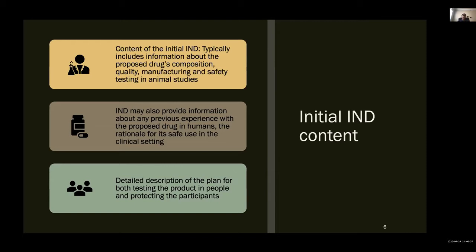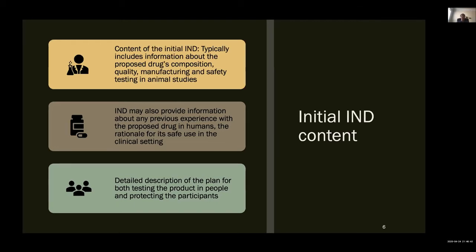At certain times, the initial IND might also have some supportive information from previous experience with the same proposed drug in humans, and that can form the rationale for its safe use in a clinical setting as well. Of course, along with the IND package is always the study protocol, which is the detailed description of the plan for the testing and the study participants, and also how the study participants are going to be protected through the study.